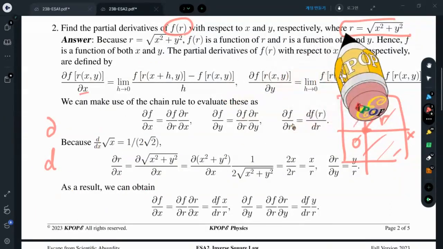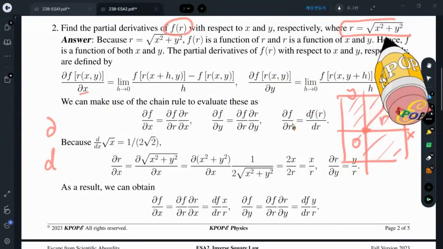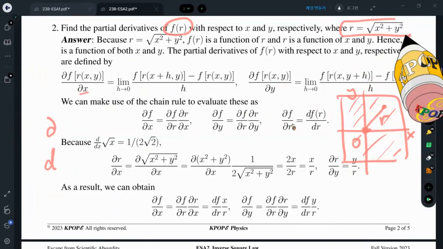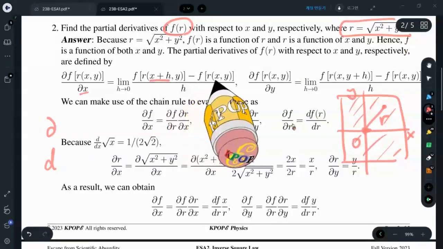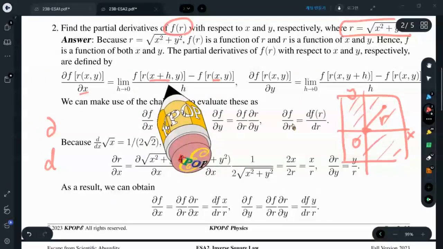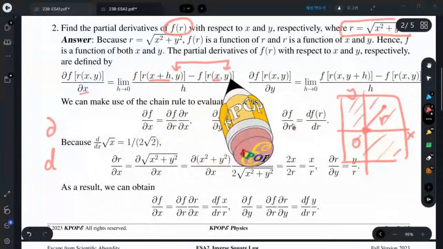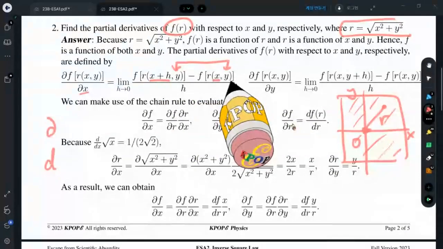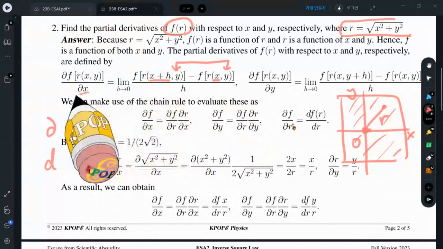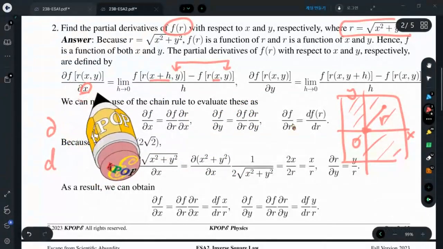In here, our r is a function of x and of y simultaneously. Therefore, the partial derivative takes care of a single variable change, and the other variables are fixed. Therefore, we call this the partial derivative of f with respect to x.